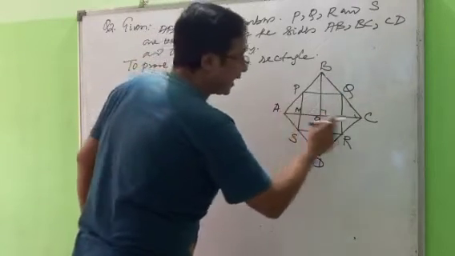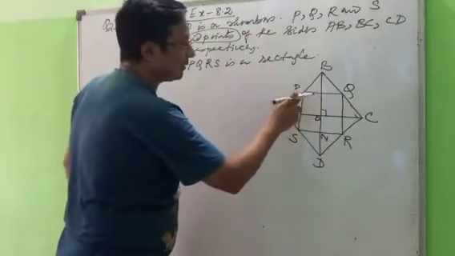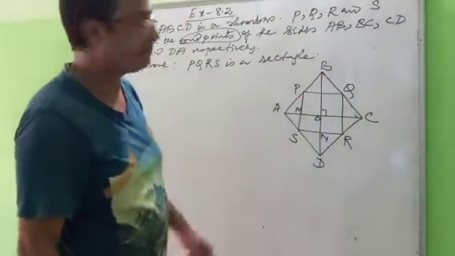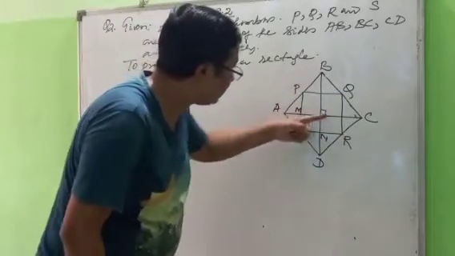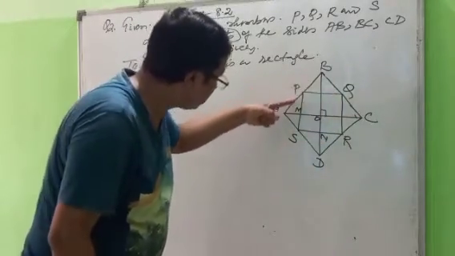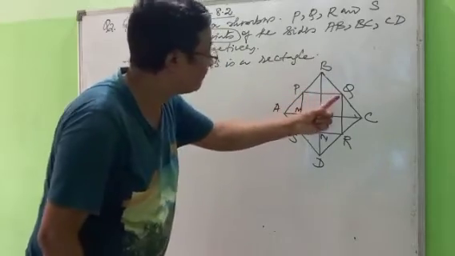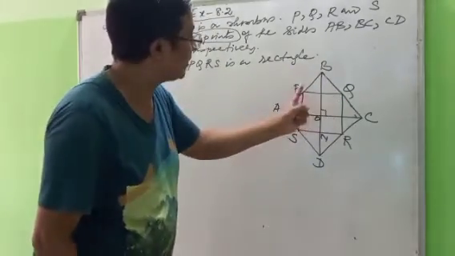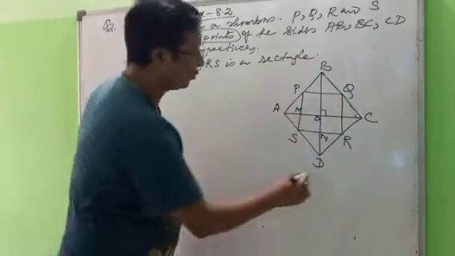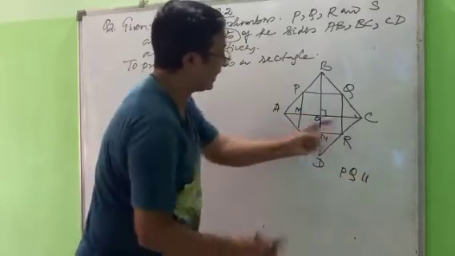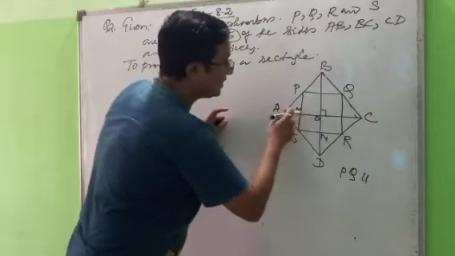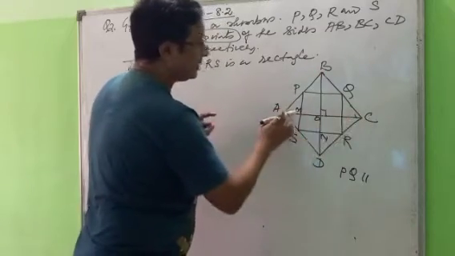Therefore, in this triangle, you got that the line segment joining the midpoints of two sides of the triangle. So the triangle is ABC, and these are the two sides where you got the midpoints P and Q. So by joining these midpoints, you got PQ. So this will be parallel to the third side. This is the third side. So the triangle is ABC, AC is the third side.